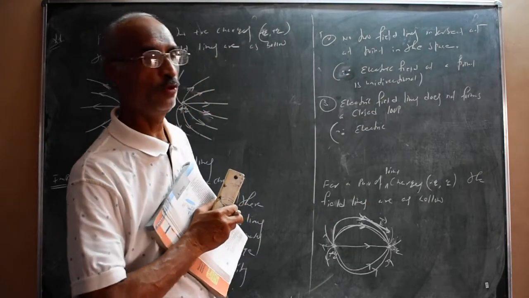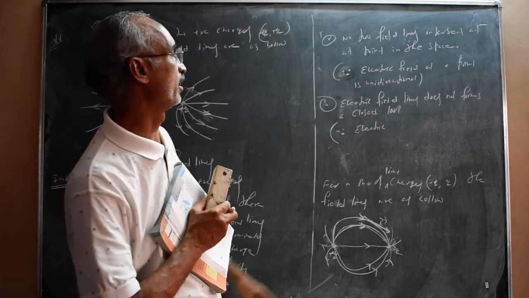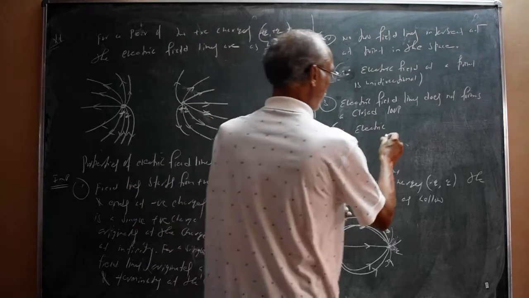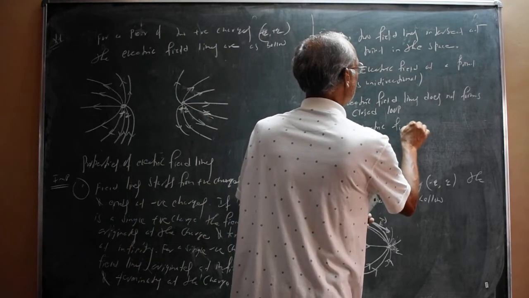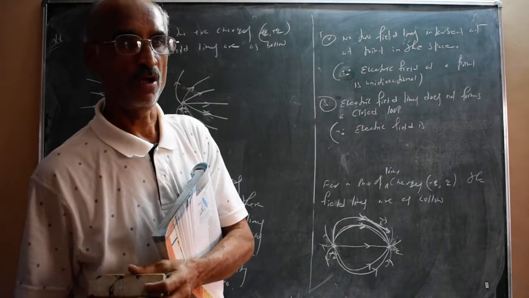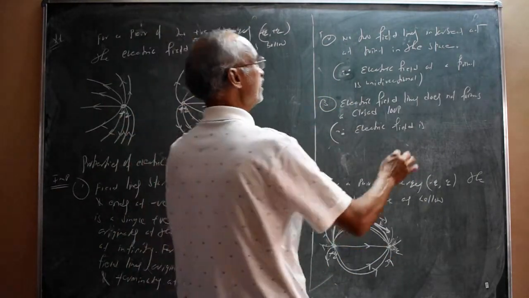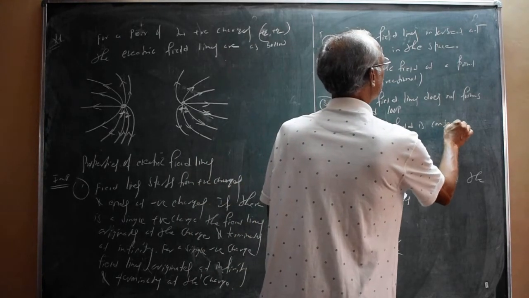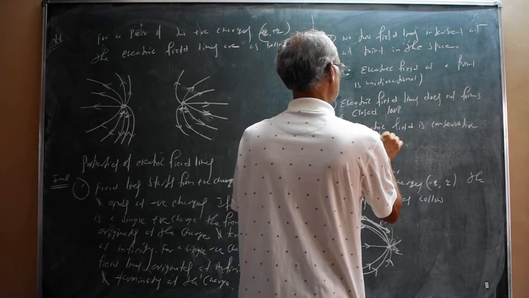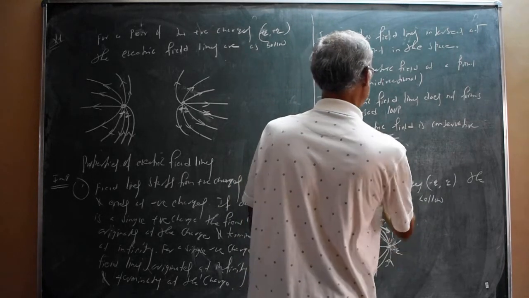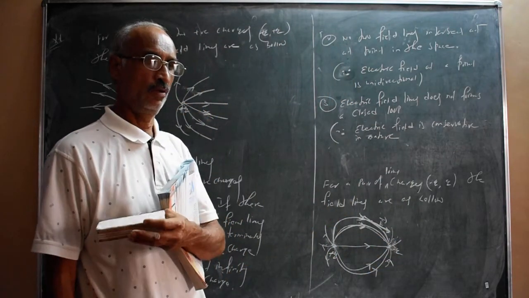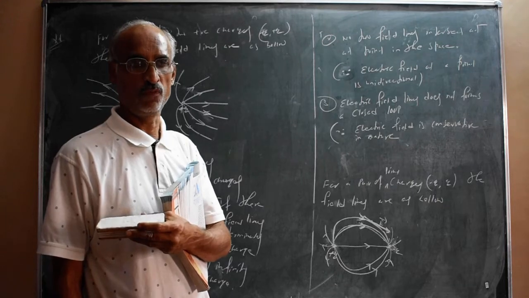But if it is asked why electric field lines do not form closed loops, this is the explanation: electric field, and electric force, are conservative in nature. Last year I studied conservative forces and non-conservative forces.